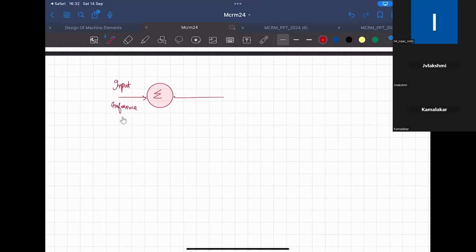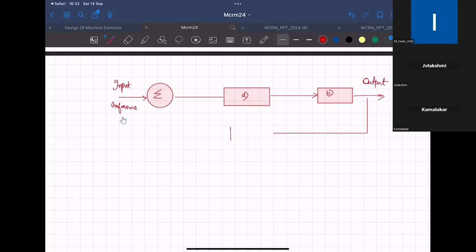Over here we have a block which is unknown, given only as option A, and following this we have another block, B. Here we have the output, and from here we have this block C, which goes all the way back to the summing point. This is labeled as D, and this is labeled as E.